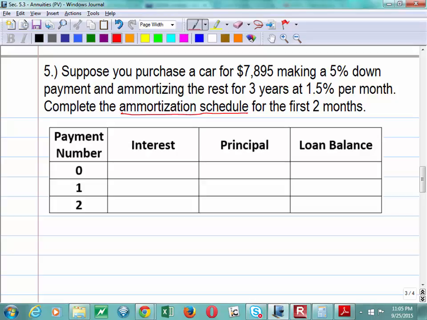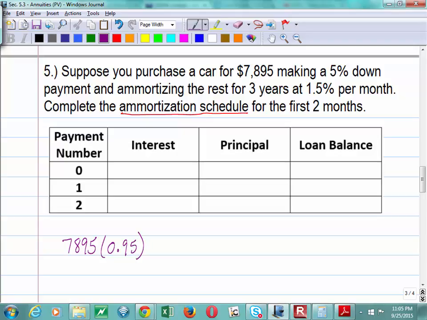Okay, so first of all, let's take off your down payment. The fastest way to do that is to just take the price of the car and multiply that by 0.95.